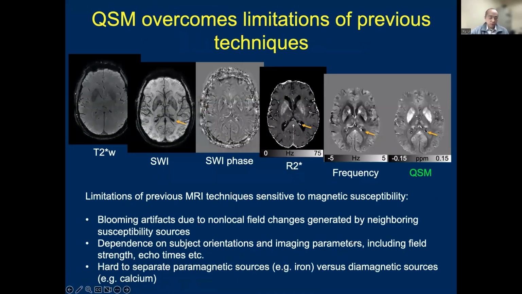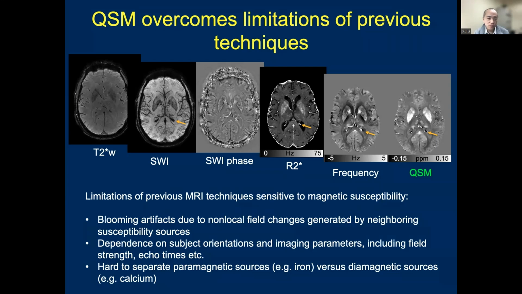Of course, the question you may want to ask is why we want to do QSM, given there are many other MR techniques that are sensitive to tissue magnetic susceptibility, such as the T2 star weighted or SWI, susceptibility weighted imaging, or the phase maps or frequency maps. As a matter of fact, QSM actually has a couple of advantages over its predecessors.